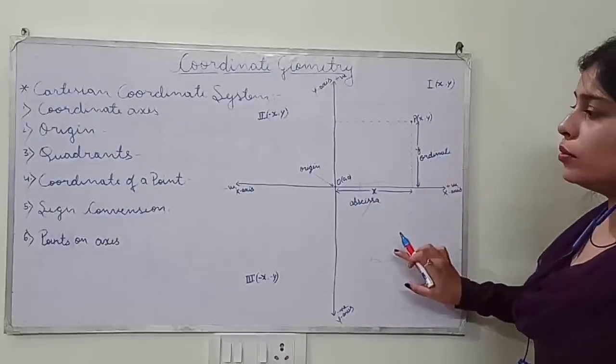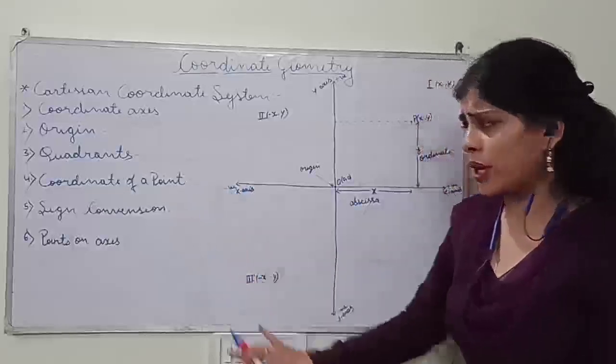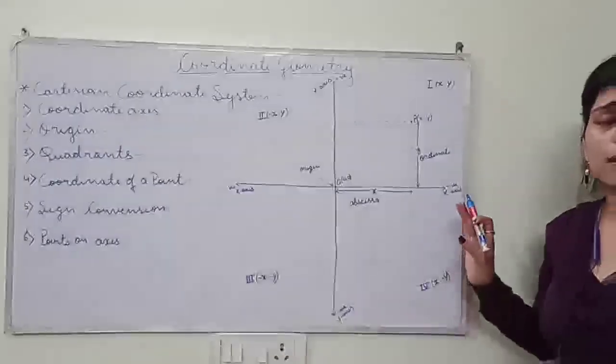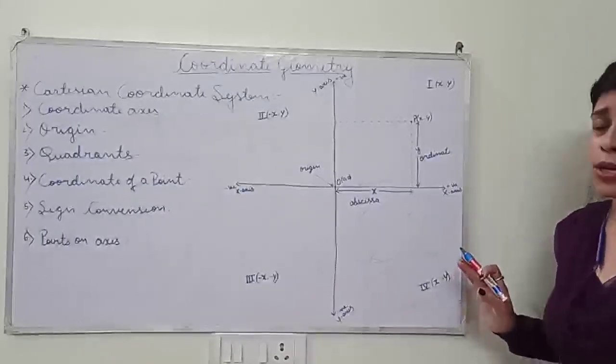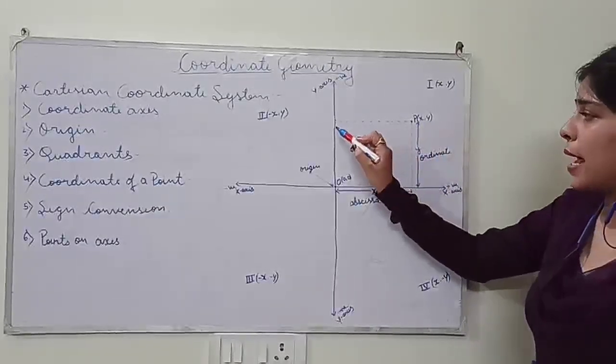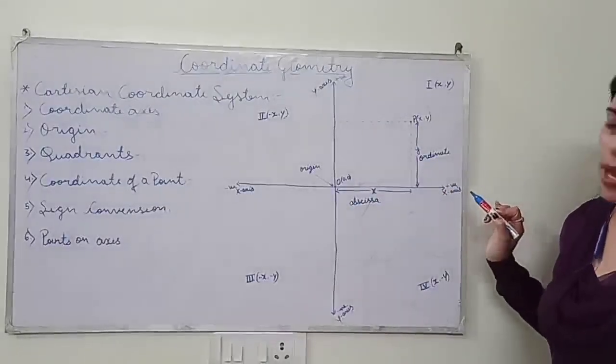So the coordinate of a point tells us the location of the point from the x-axis and y-axis.